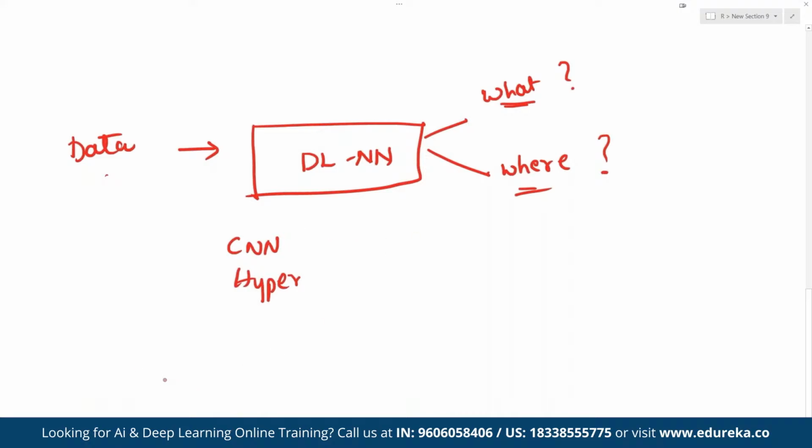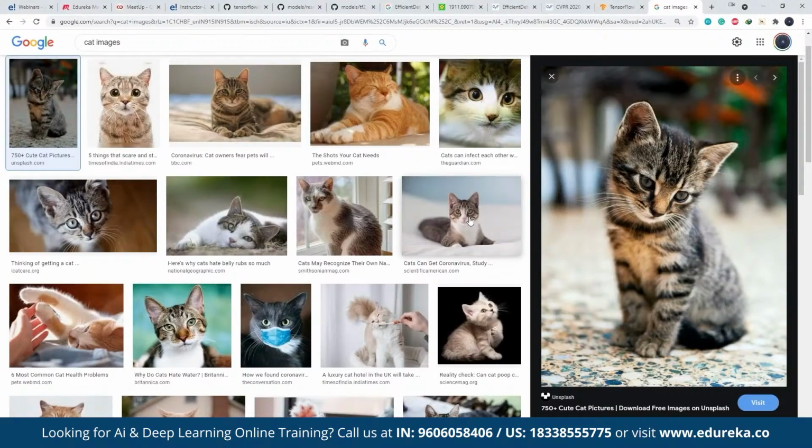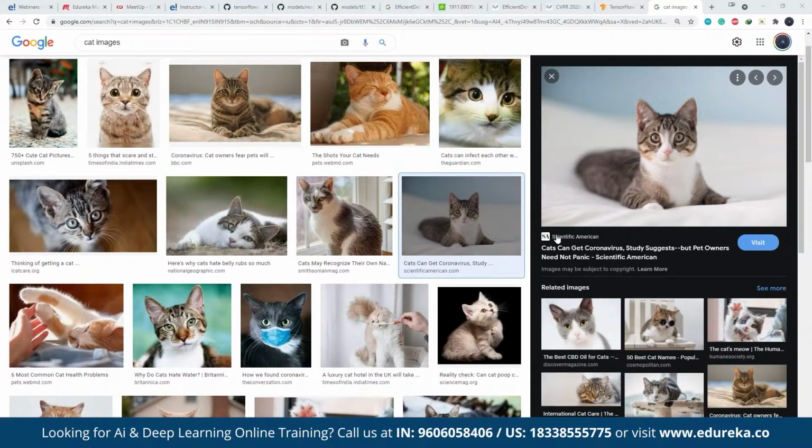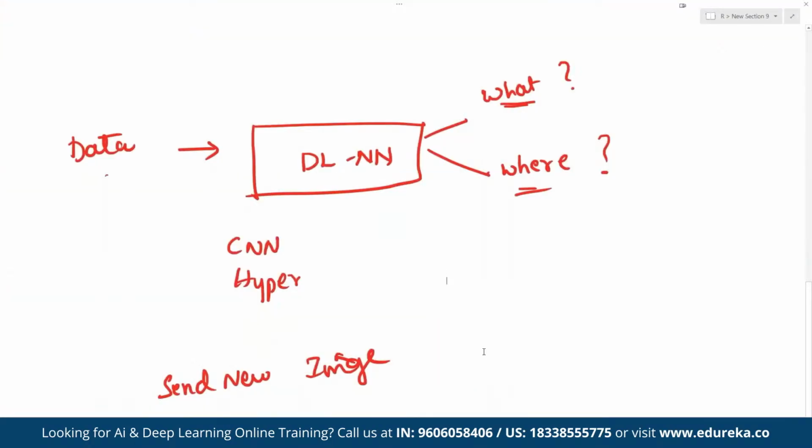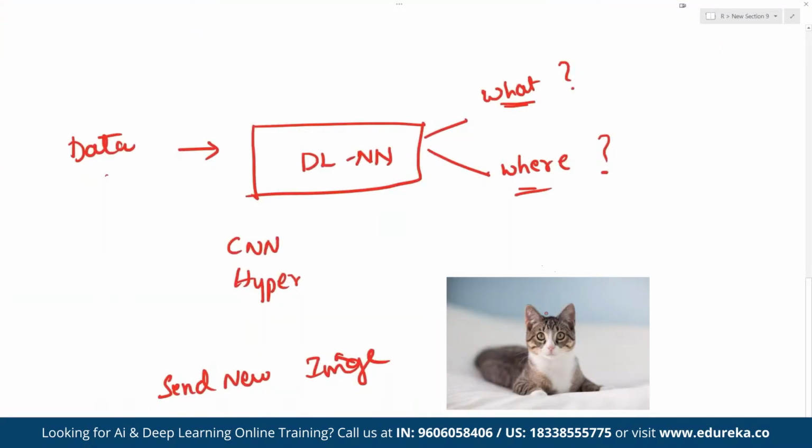And once I have the trained data, I can send a new image, and an example can be something like this. Let's say once I've done the training, I'll be sending this new image data to my deep learning model. Once I send this new image data, my deep learning model can say what is present in the image.